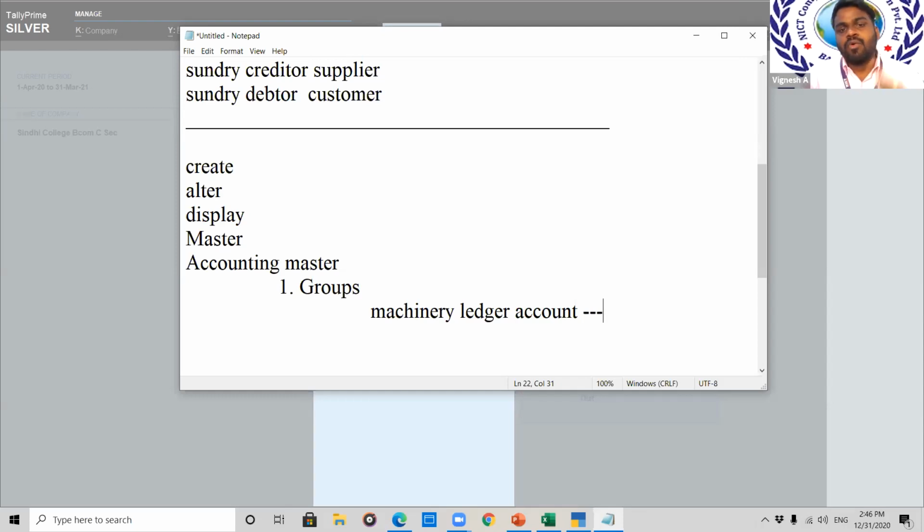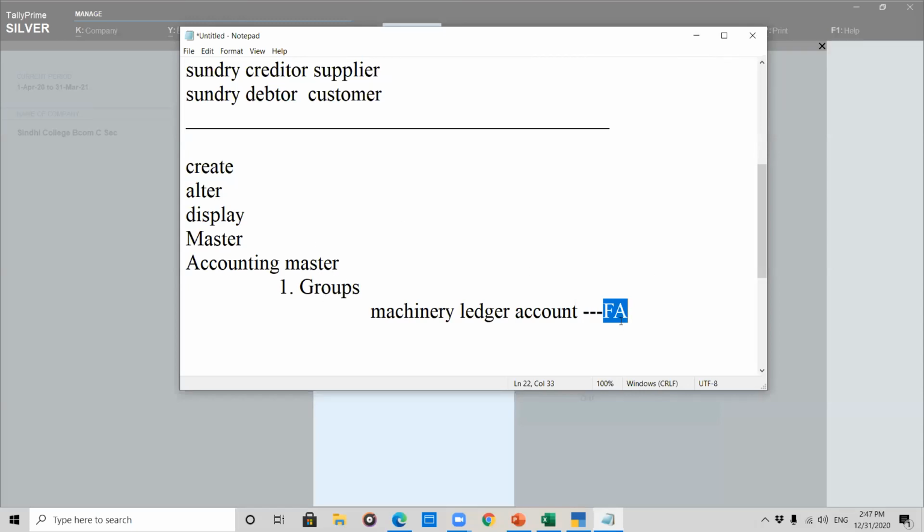In that balance sheet, under what do I see machinery? Asset. What asset? Fixed asset. Very good. So the machinery is allocated to fixed assets. So this is your group.